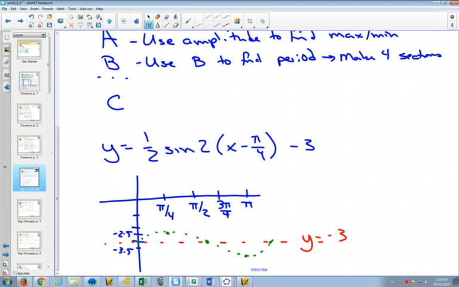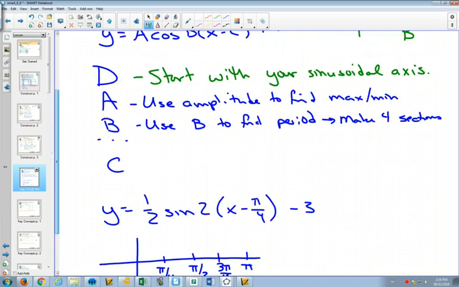So now we've graphed one period of this graph with a dotted line because we haven't done the C value. The C value is when you're going to move left or right. You're going to translate that dotted graph that you've made either left or right. In this case, minus pi over 4 means move pi over 4 to the right.